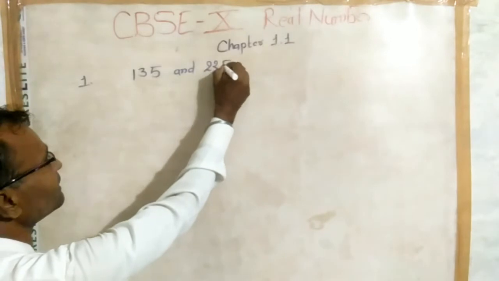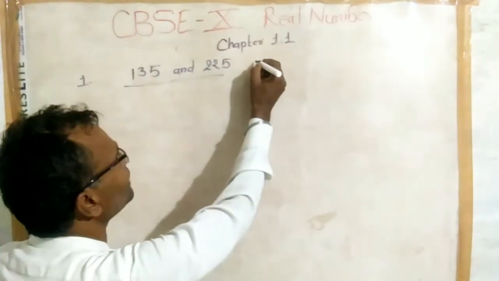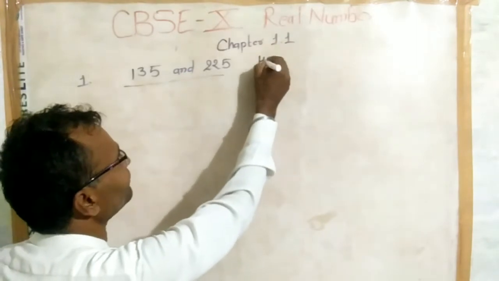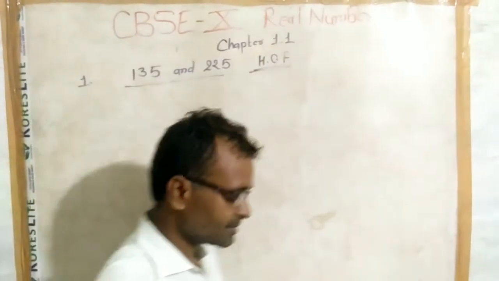These are two numbers. You have to find the HCF, the highest common factor, of these numbers.